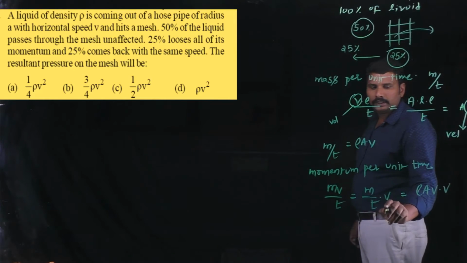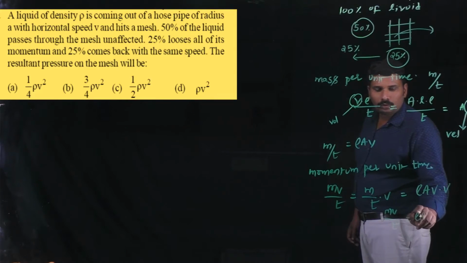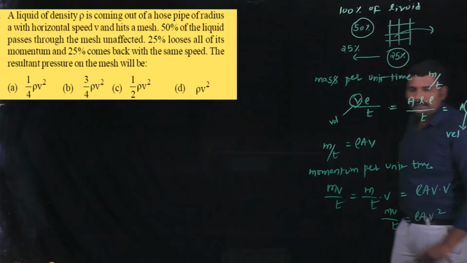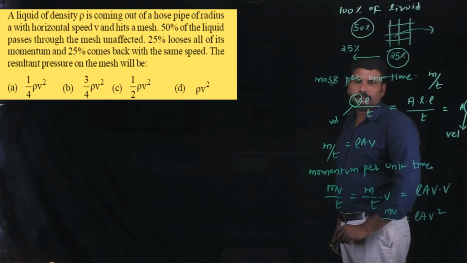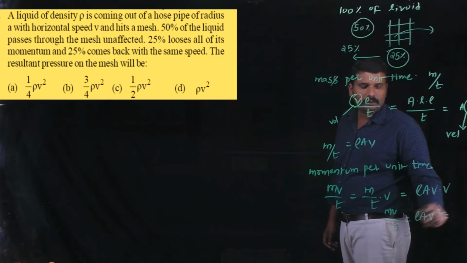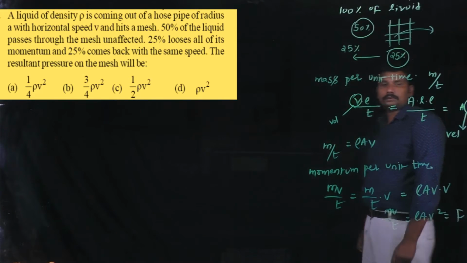By solving this, mv by t equals rho a v square. And v by t is nothing but change in velocity by time, that is acceleration. M into a is in the form of force.